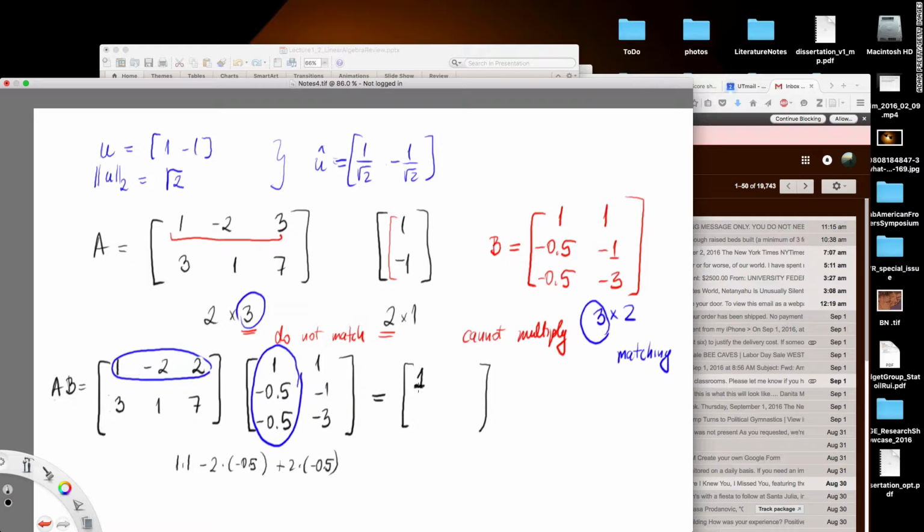Then I'm going to repeat the procedure with these two. I put this in a blue color. Then I'm going to repeat the procedure with this.